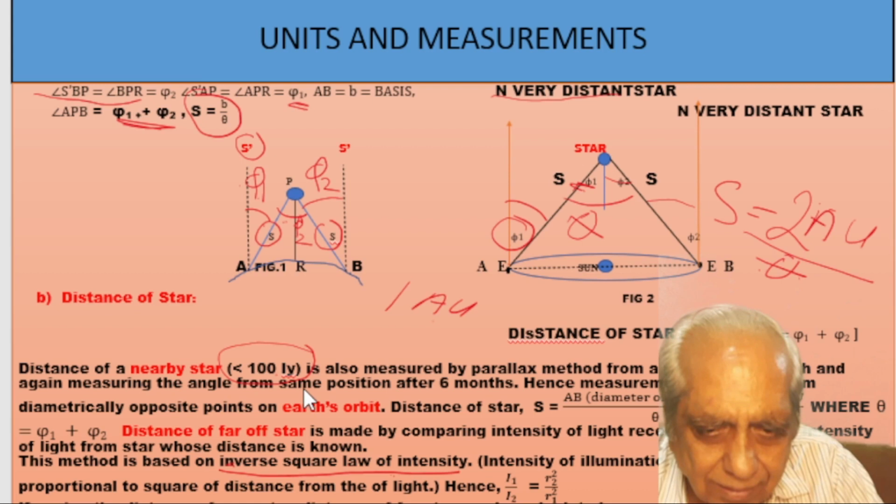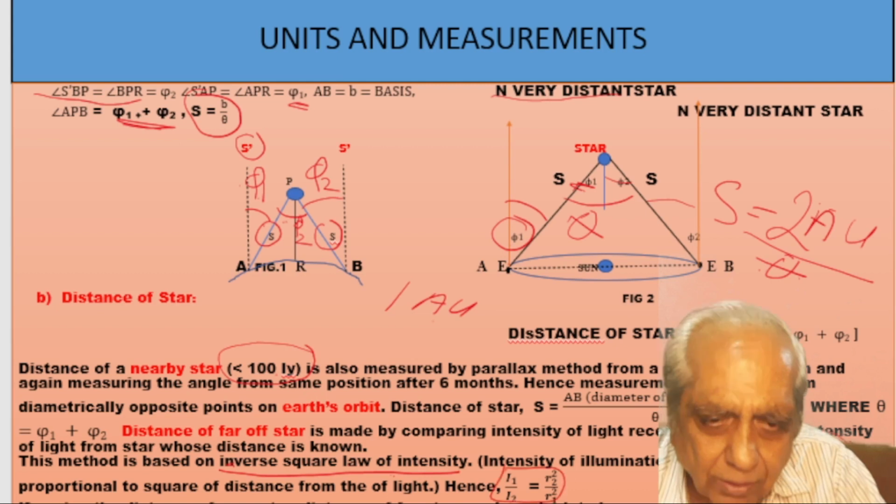So the formula is I1 upon I2 is equal to R2 square upon R1 square. It is inversely proportional, because the more the distance, the less light will travel.